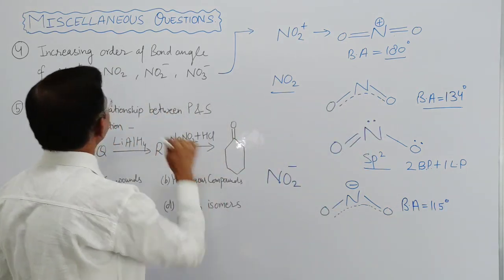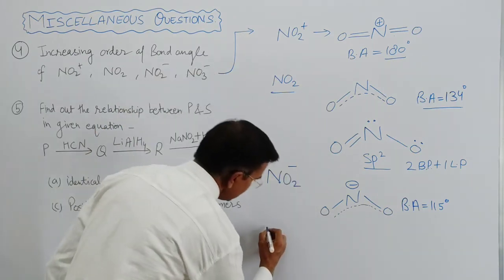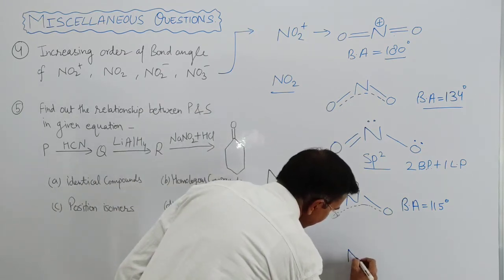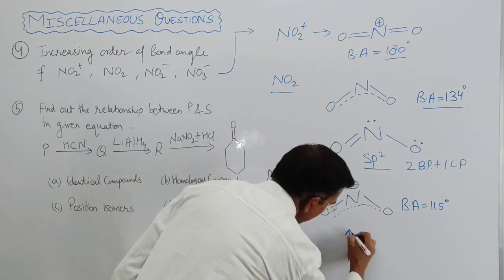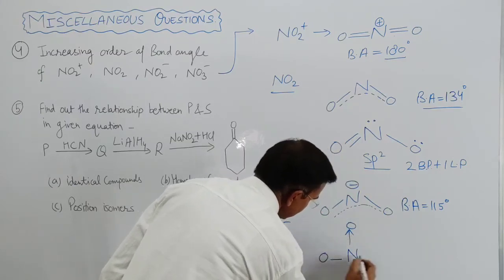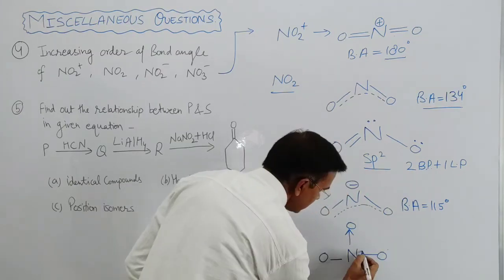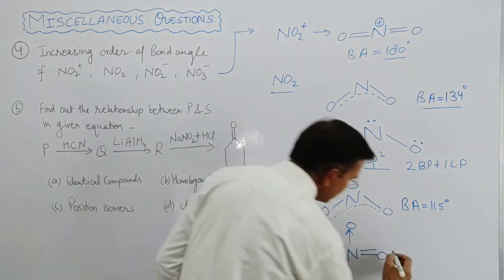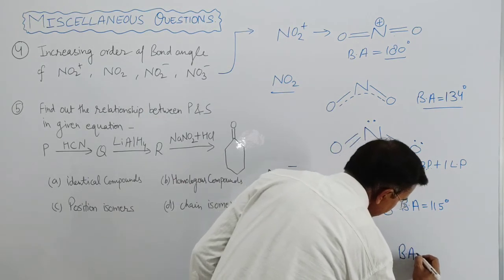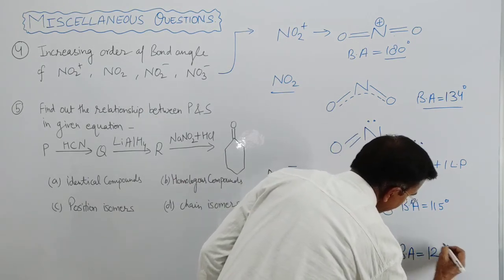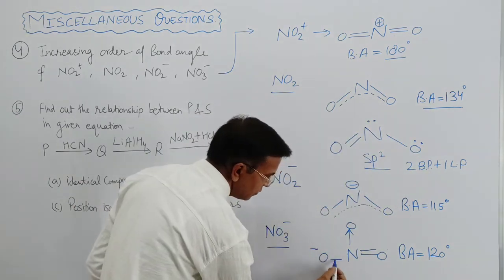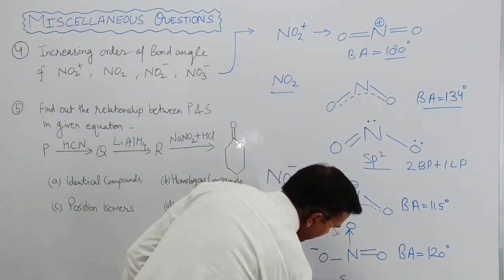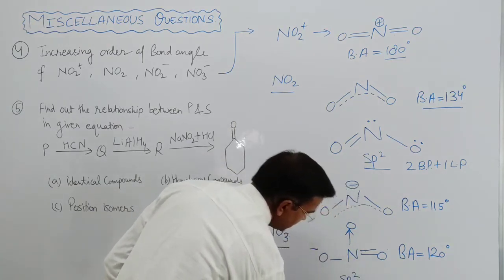Now the next species is NO3 negative. It has oxygen, a double bond and a negative charge. So here the bond angle is 120 and the hybridization is sp2. It is sp2 hybridized.